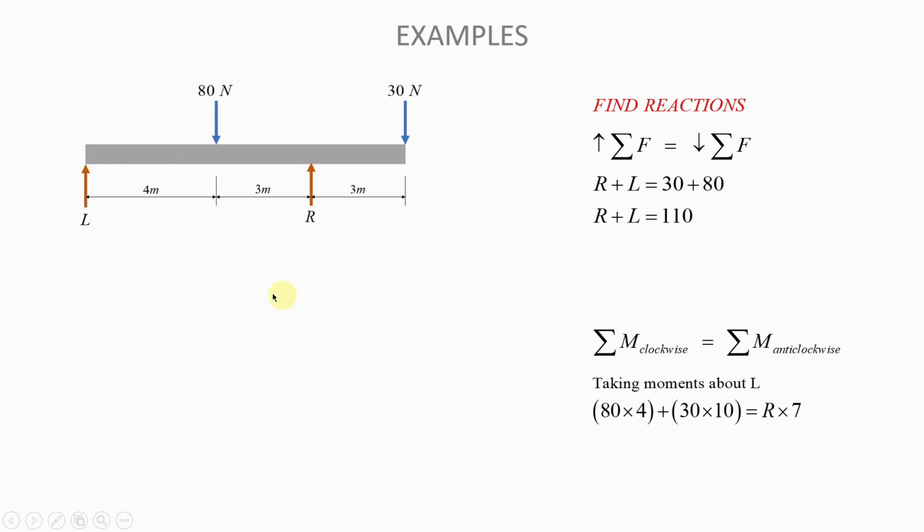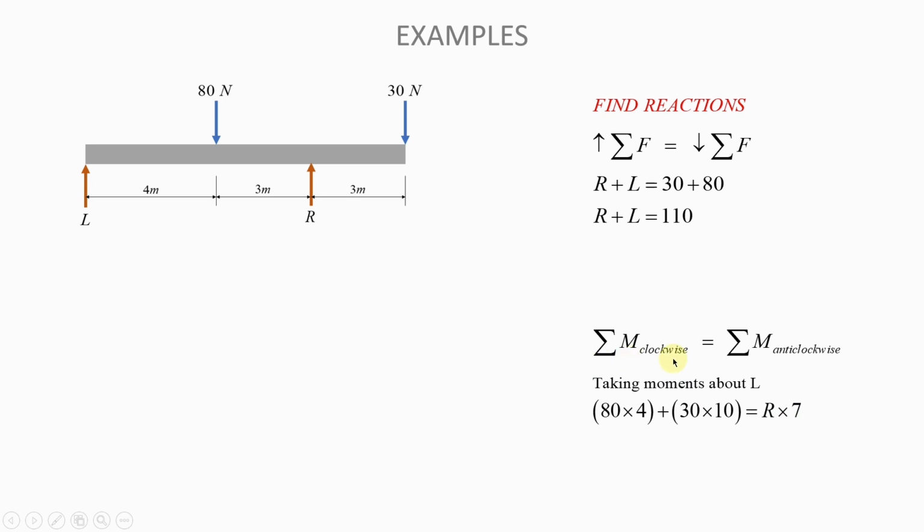If you pin it at L and you push it in the direction of R, of course, the beam will rotate anti-clockwise. Therefore, this force R is creating an anti-clockwise moment about L. Okay, so the distance is 7, so R times 7 is the anti-clockwise moment that we have. And that is the only anti-clockwise moment that we have, okay?